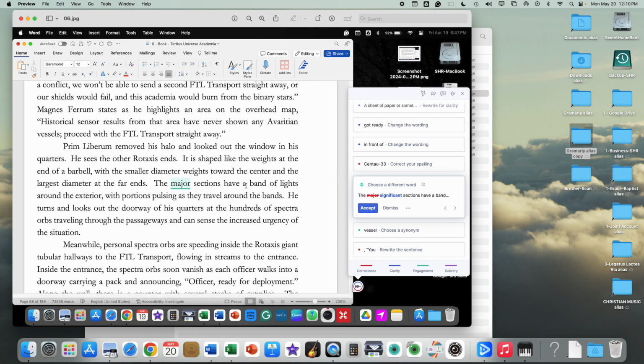The major sections have a band of lights around the exterior with portions pulsing as they travel around the bands. So it wants to change it to significant sections here. When you have hundreds of these, for clarity is what the blue is talking about here, it makes it a little frustrating, I suppose.